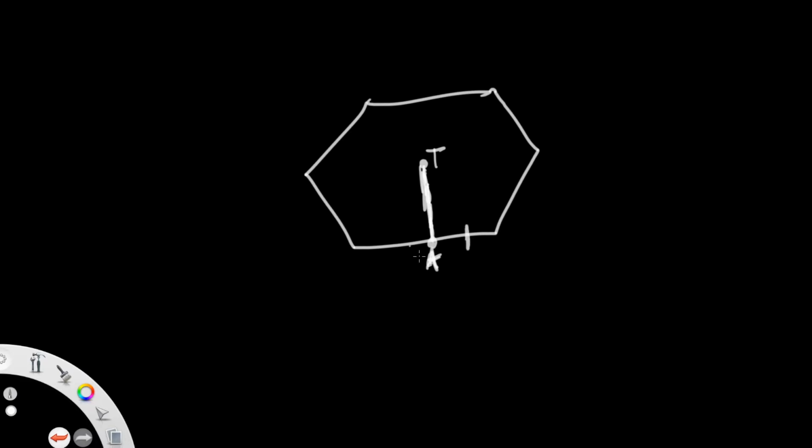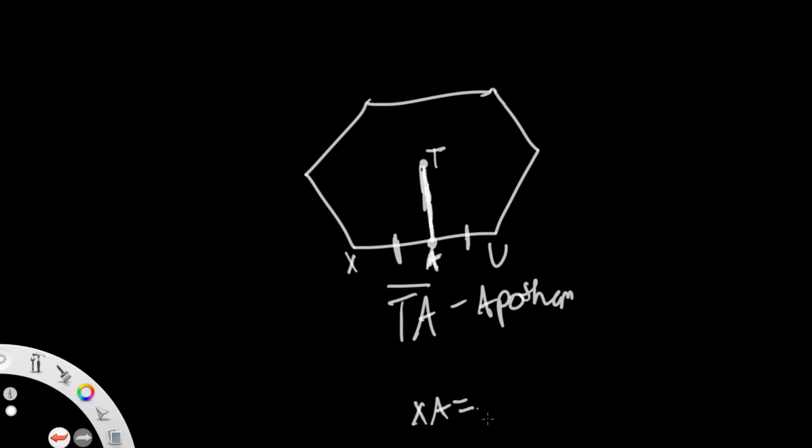So both of these sides are congruent to each other. So over here, segment TA is the apothem, and let's just say X and U. XA is congruent to AU.